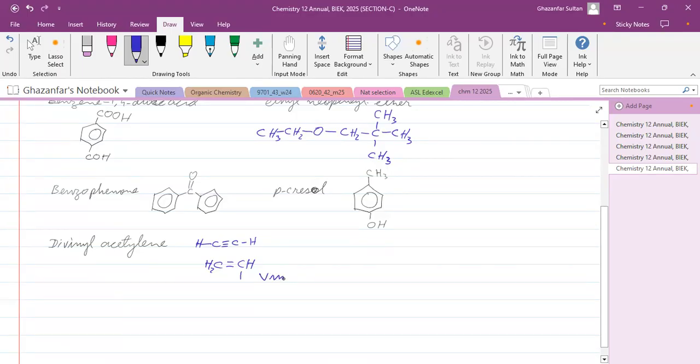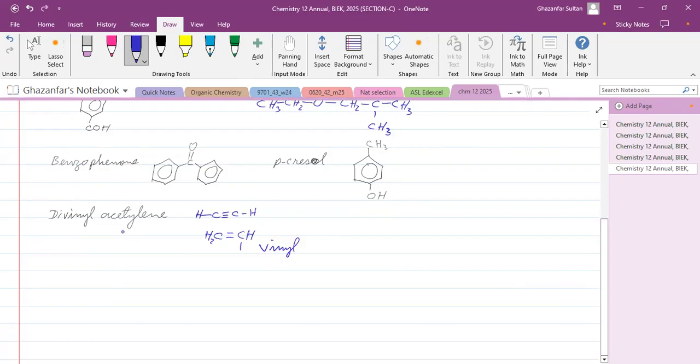This is called vinyl. So here the name is divinyl acetylene. First we will draw the acetylene, remove the hydrogens from there, and attach two vinyl groups.